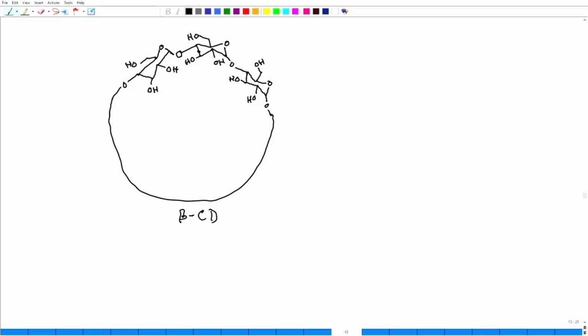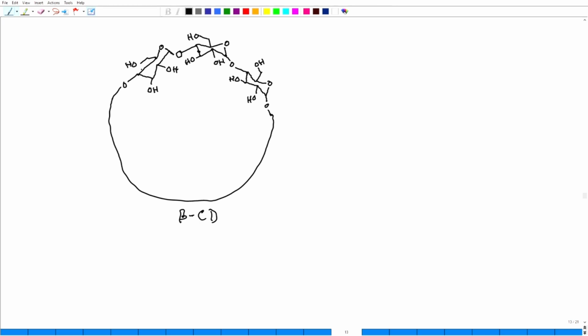So, this is a cyclodextrin, and what is a 1,4 linkage? This is carbon 1, this is carbon 1, so it is linked through 1, 2, 3, 4. So, 1,4 linked throughout.